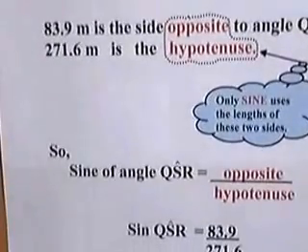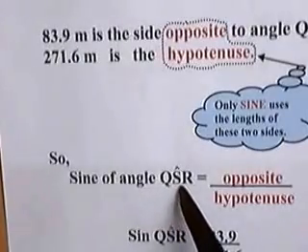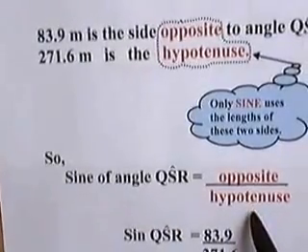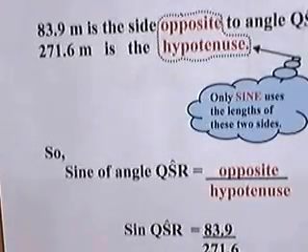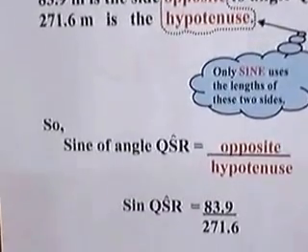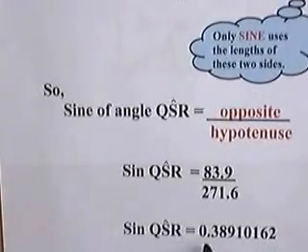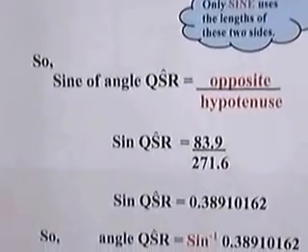So immediately we can say that the sine of the angle QSR is opposite over hypotenuse, and we have to divide 83.9 by 271.6. This gives you the long decimal there. We need to find the angle that gives this long decimal.